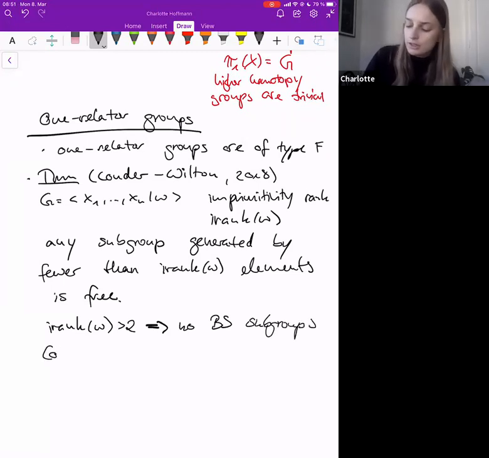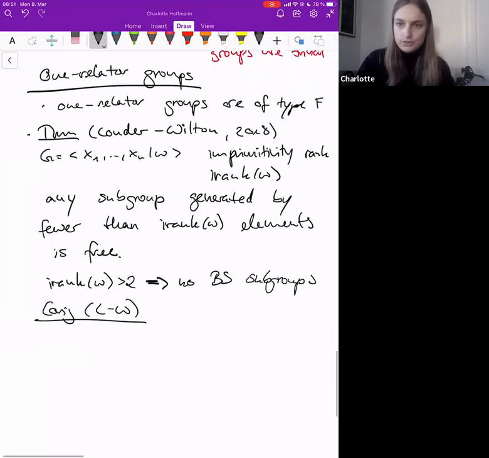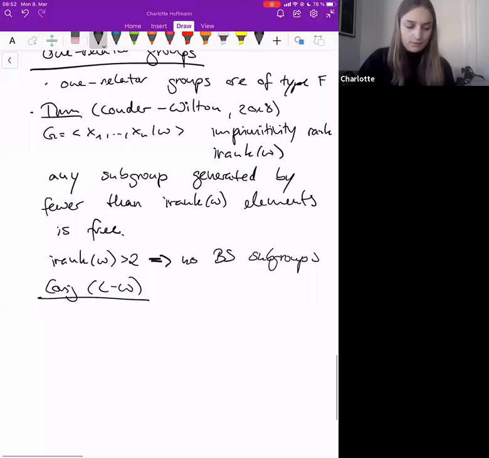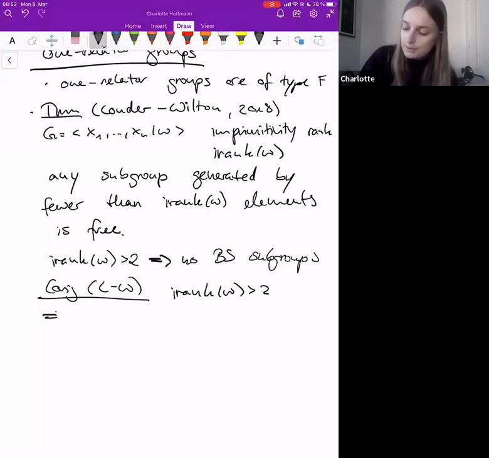And therefore they conjecture, so this is the conjecture of Louder and Wilton. They say if we have a one-relator group and the I rank is larger than 2, then the group is hyperbolic.